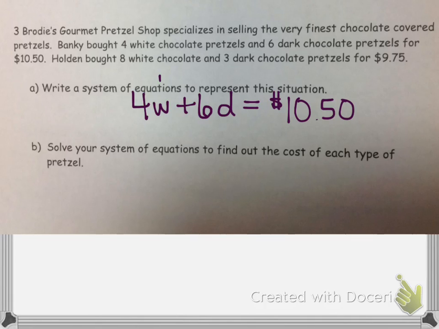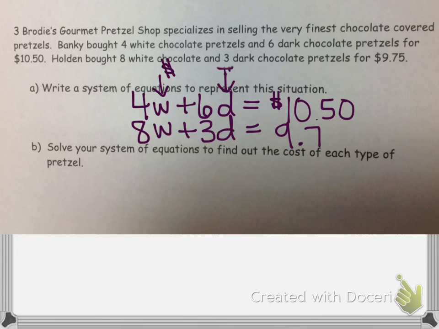So the W really represents the price of the white chocolate, and this is the price of the dark chocolate. So then our second equation for Holden, he bought 8 times the price of the white chocolate, and then it's a 3, so 3 times the price of the dark chocolate is equal to the total amount of money spent. And then, yes, we could solve this.